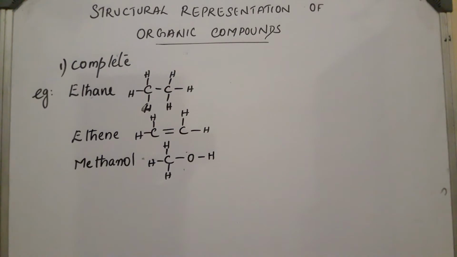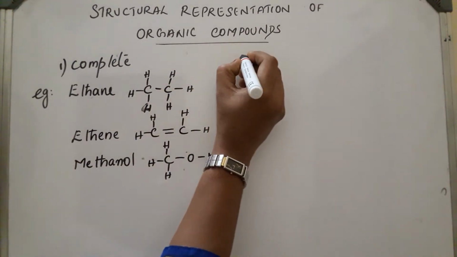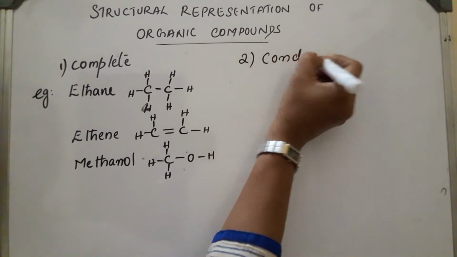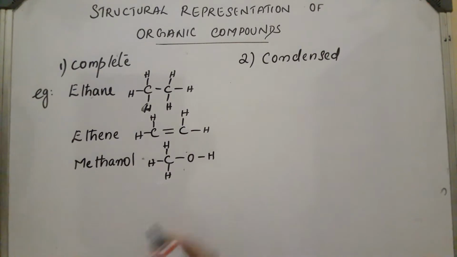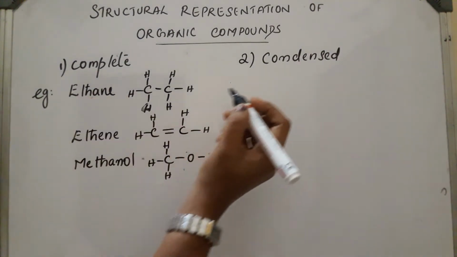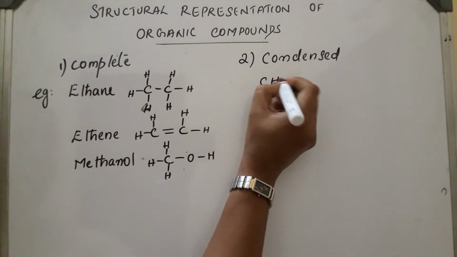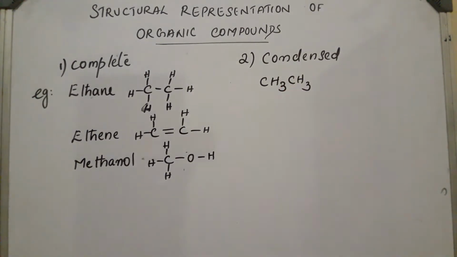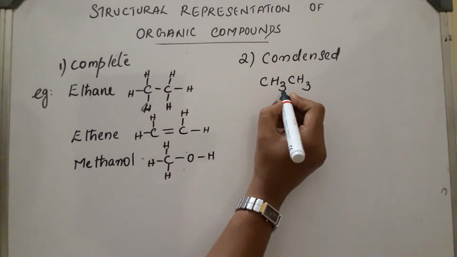Now the second type is the condensed structural formula. The condensed structural formula of ethane is CH3CH3. In this case, the identical groups are written with a subscript.